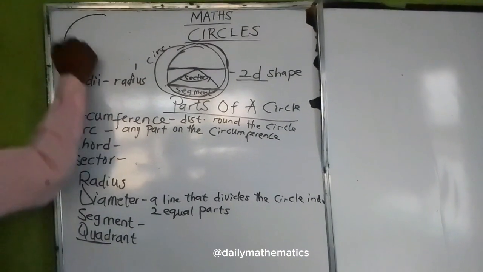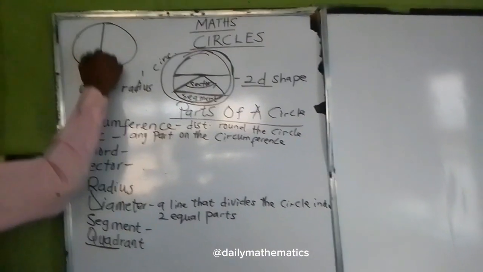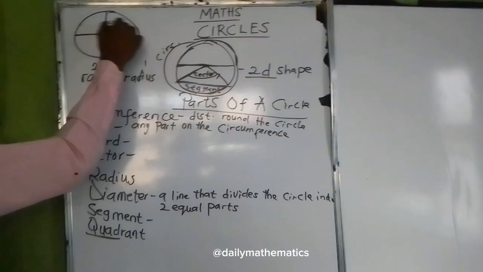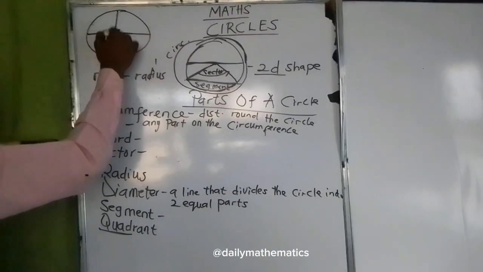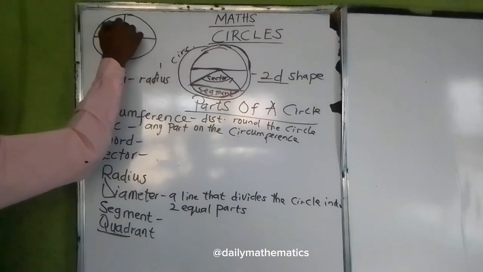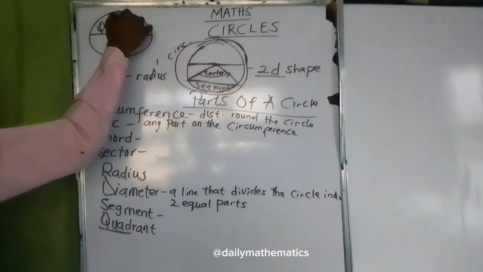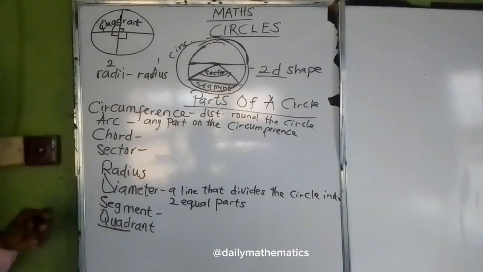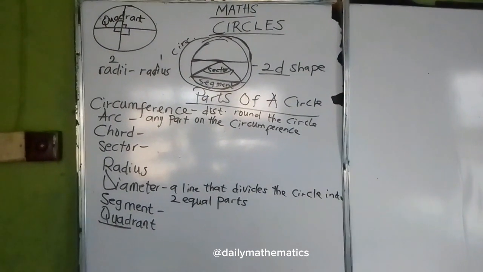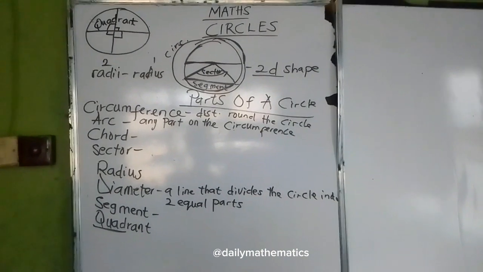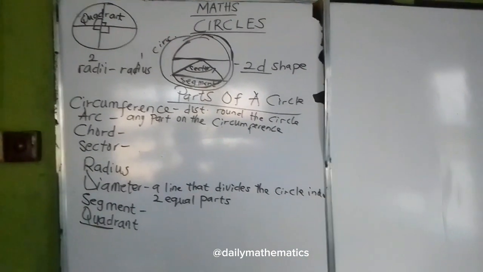So you have a circle here, and a quadrant is this, this, this, this. It is the division of the circle into 4 places. That is a quadrant.